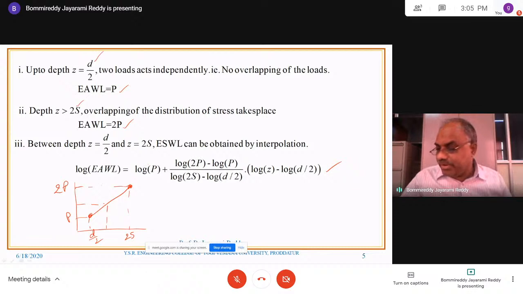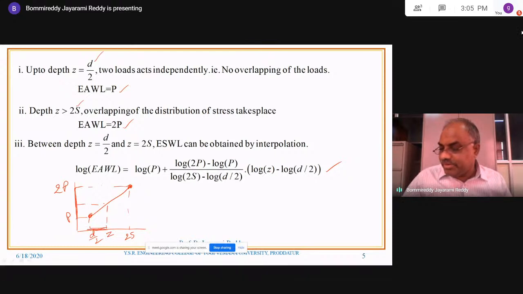So log 2P minus log P means the vertical distance between the two, that is, the height of the line. Similarly, log of 2s minus d/2 means the horizontal distance. Both are kept in a log. Similarly, log of z minus d/2, where this is z and this distance is z minus d/2. Accordingly you will get the value corresponding to P1, which is called ESWL. Do not try to remember this equation by heart.